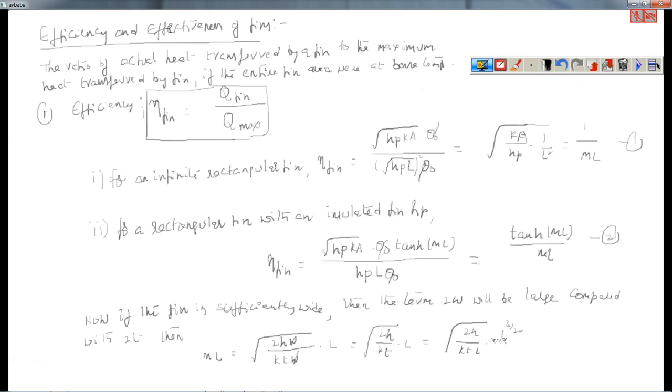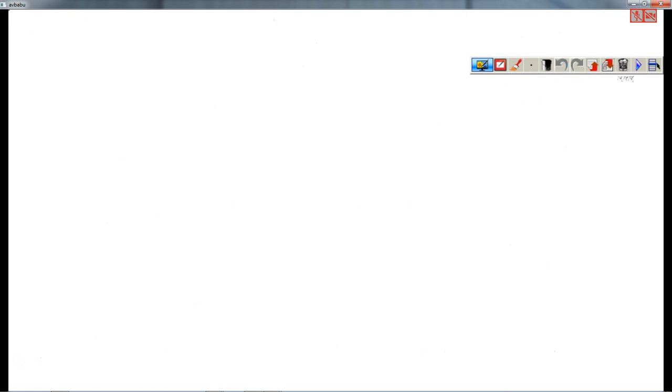Ultimately, I can write it as the square root of 2h by k Am into l to the power of 3 by 2, where t into l is Am, which is nothing but the profile area of the fin.